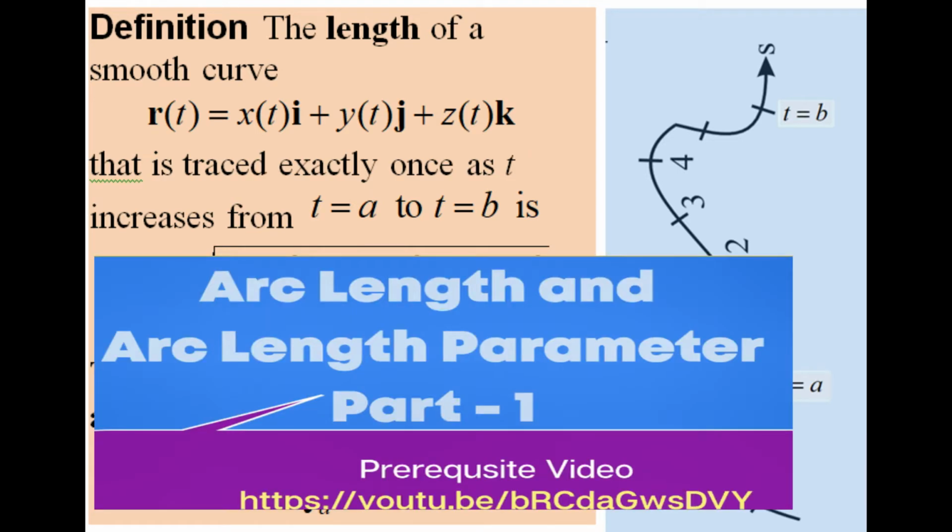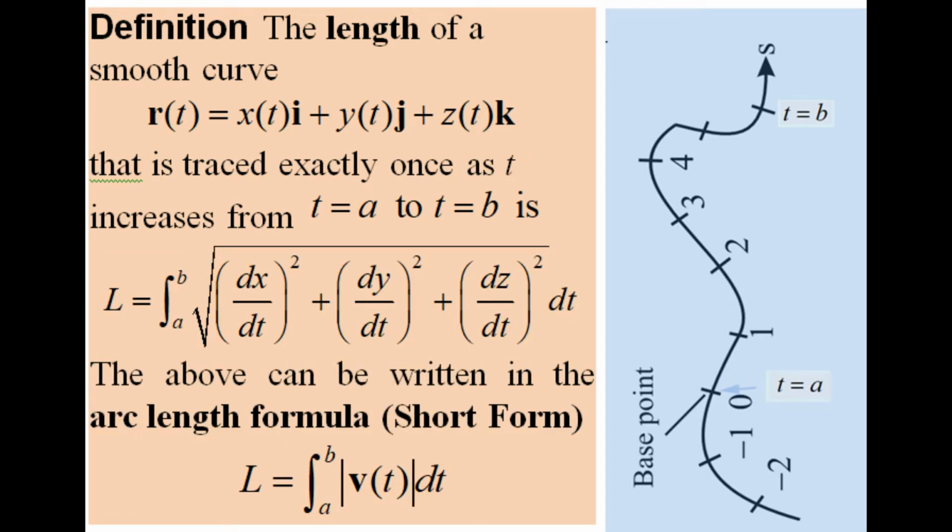The length of a smooth curve given by the vector valued function r of t equal to x of t i plus y of t j plus z of t k, that is traced exactly once as t increases from t equal to a to t equal to b, is given by the definite integral L equal to integral from a to b of square root of (dx by dt) square plus (dy by dt) square plus (dz by dt) square dt.